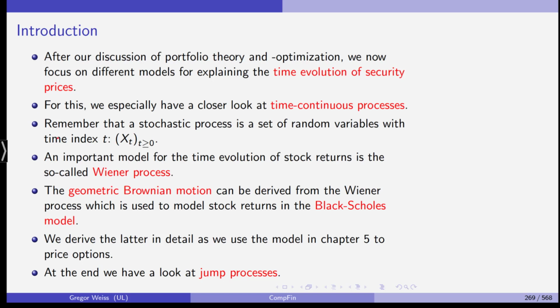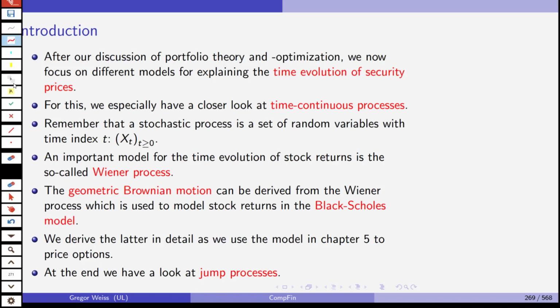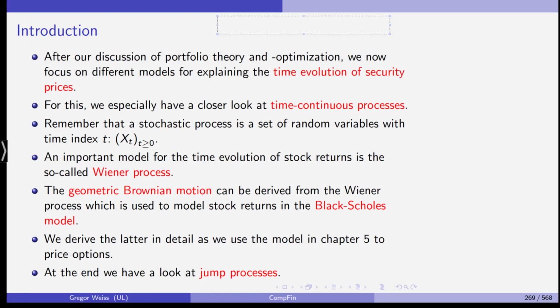If we were to do this in discrete time, we could say we have a set 0, 1, 2, 3, 4. So we have 5 points in time, and then the set x0, x1, x2, x3, and x4. This is a stochastic process.